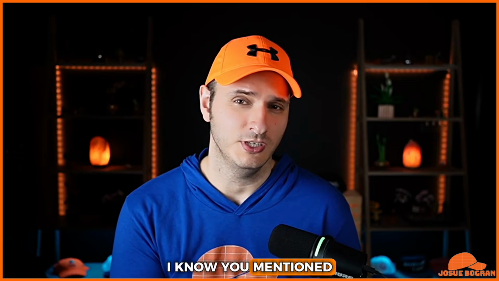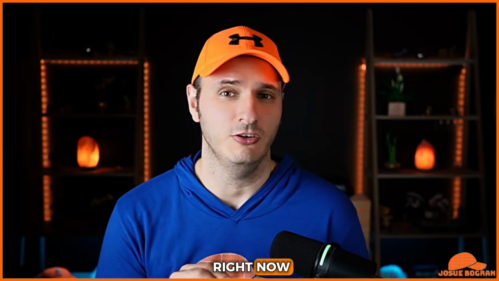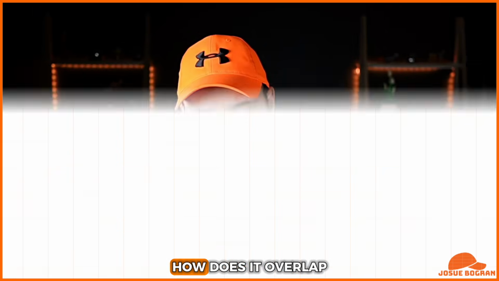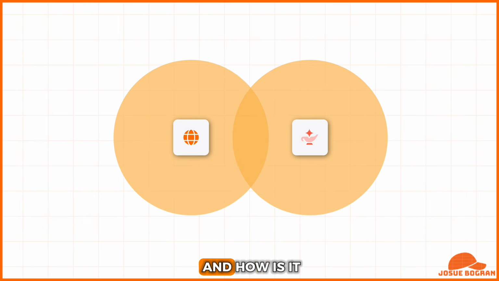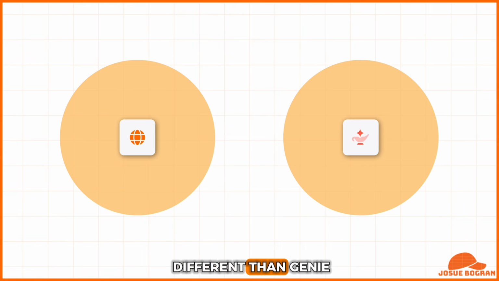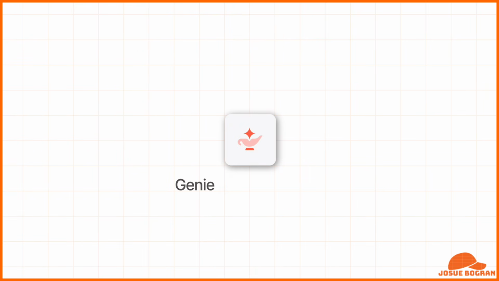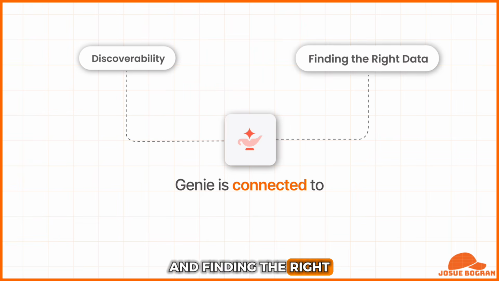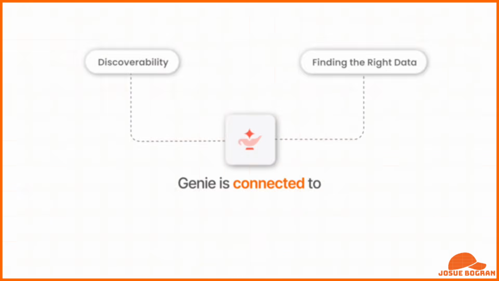I know you mentioned it a little bit right now, but more specifically, how does it overlap and how is it different than Genie, which is very much connected to discoverability and finding the right data, etc.? Yeah, it's a great question.